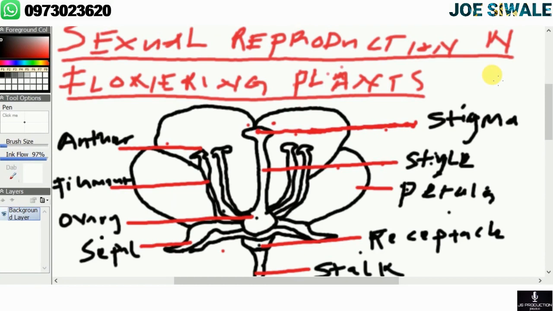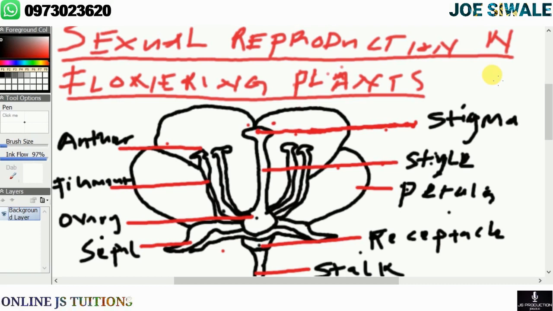So we have the stalk, the receptacle, the sepal, the ovary, the petals, the style, the filament, the anther, and the stigma. It is important to know each part of a flower and its function.